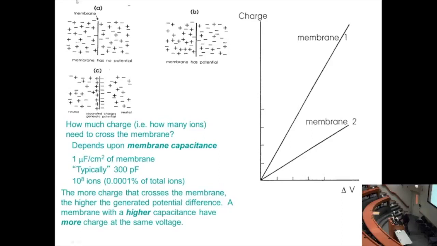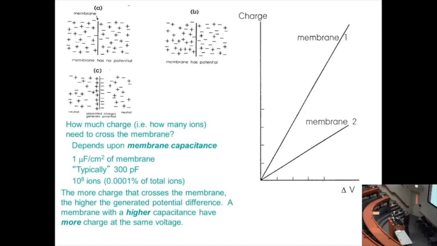This is the relationship between charge moved and voltage generated. The more charge I move across that membrane, for instance, the more potassium I move across, the more voltage I generate. If I move a lot of potassium, I generate a big difference in charges across the membrane.